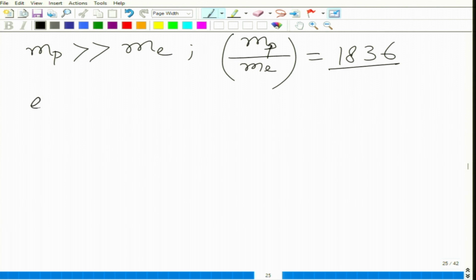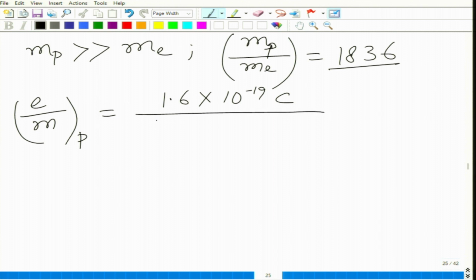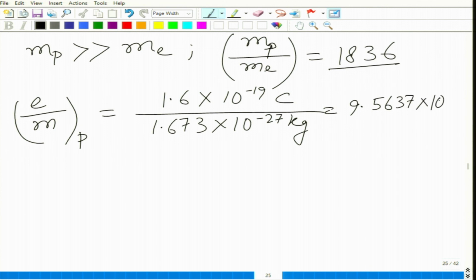So what was the charge to mass ratio for a proton? The charge to mass ratio for a proton was 9.5637 into 10 to the power 7 coulomb per kg.